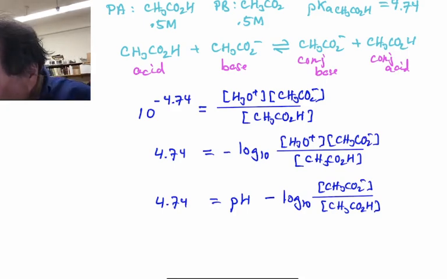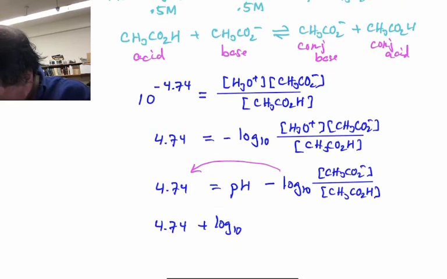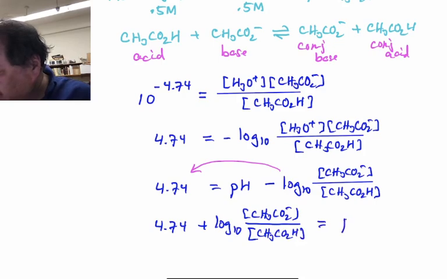And what we're going to do is bring this term over to the left, and we'll have 4.74 plus log base 10 of the concentrations, CH3CO2 minus divided by CH3CO2H. This is equal to the pH.